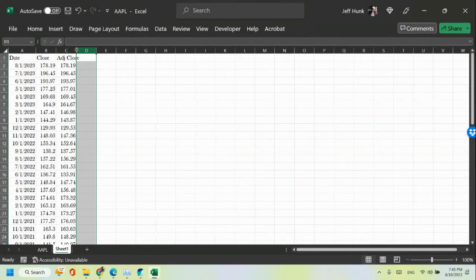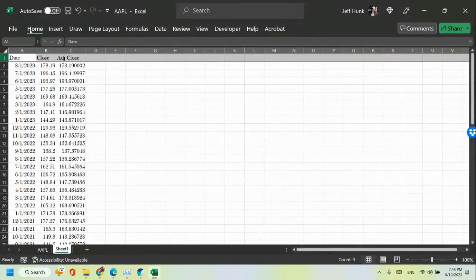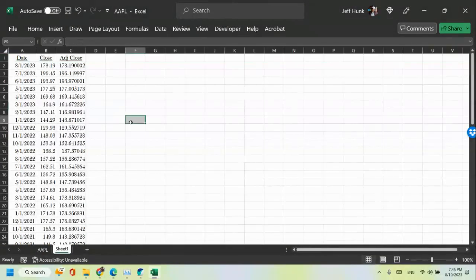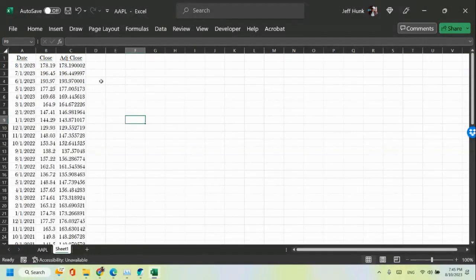And we now have the close price and the adjusted close price. What is the difference? Adjusted close means the close price adjusted for stock splits and dividends.